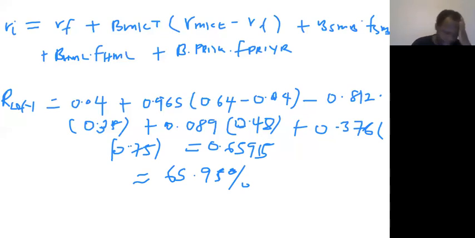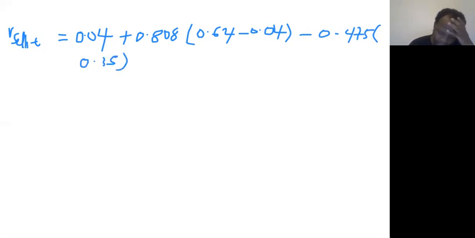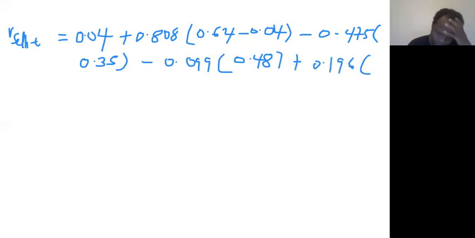So let's look at the second one. The second one was Sell It. The return on Sell It, using the same factor model, is RF, which we know to be 0.04, plus the coefficient of the first factor, the market, which is 0.808, multiplied by 0.64 minus 0.04, plus the second factor, whose coefficient was negative, minus 0.475 multiplied by 0.35, minus the third coefficient 0.099 multiplied by 0.48, plus the last beta, 0.196, multiplied by 0.75.